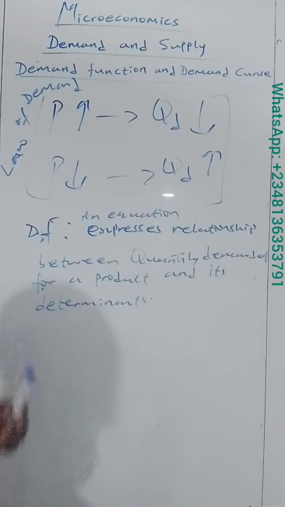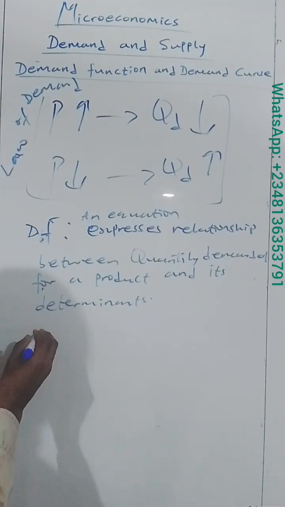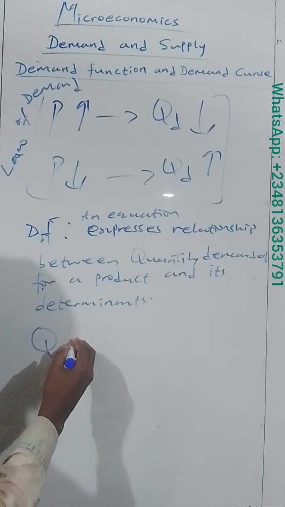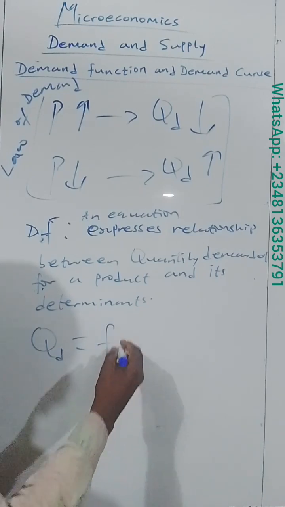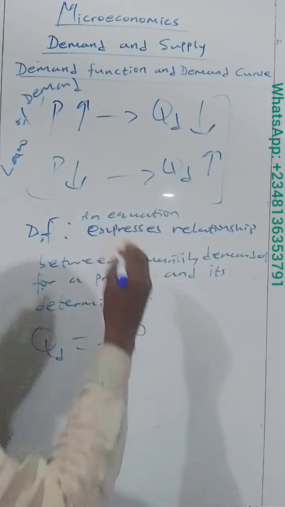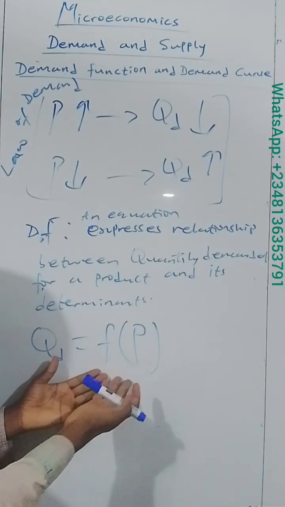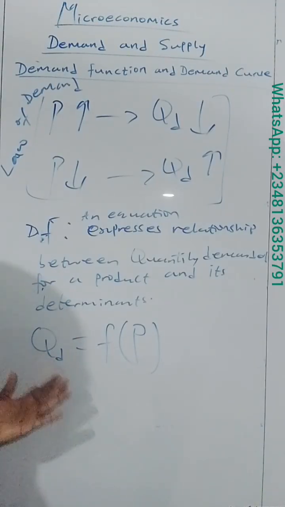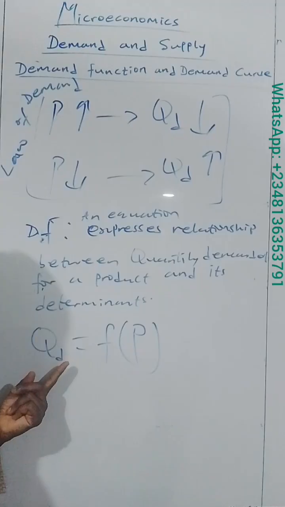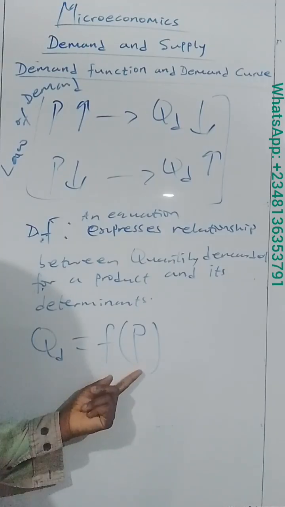A good example of a demand function that does not assume any specific form is to say the quantity demanded is a function of P, the price of the commodity. But this does not show the direction of the relationship. It only tells us that the quantity demanded for a product depends on the price.